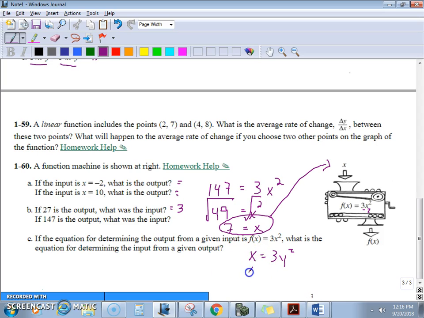So we divide both sides by 3. x over 3 equals y squared. Then we take the square root of both sides. So y is equal to the square root of x over 3. Okay, so this question is just a fancy way of asking us for the inverse operation.